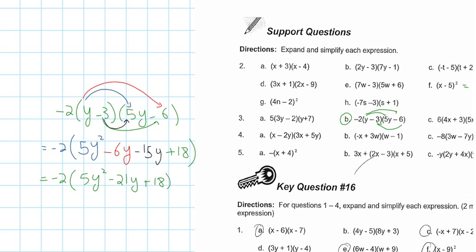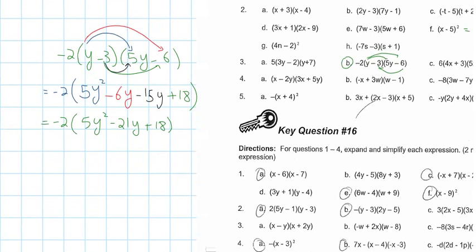Now, after I finish all of this, right, now I have to distribute. So there's one more thing to do. Yeah? Did we collect like terms, the negative 6 and 15? Yes. So the negative 6 and the negative 15, they add together to negative 21. Okay? And then there's one more step you have to do.